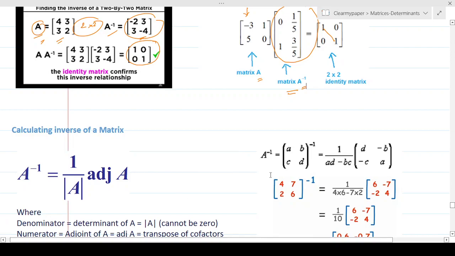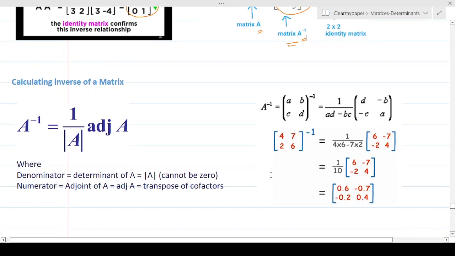Since we are going to memorize in this crash course, the way to memorize is: for a given matrix A, the inverse is given by 1 over the determinant of the matrix, which is a pattern everywhere, where the determinant comes in the denominator and cannot be 0. So 1 over the determinant of the matrix multiplied by the adjoint of the matrix A. And if you recall, the adjoint of the matrix A is nothing but the transpose of cofactors.